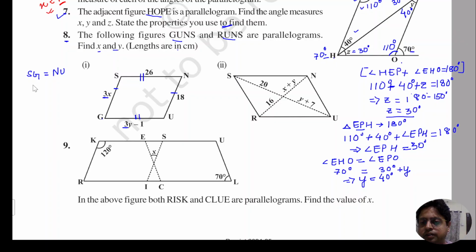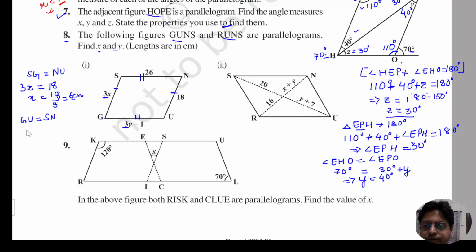Now another pair of sides that are equal in length is GU is equal to SN. The value of GU is already given, that is 3y minus 1, and SN is 26.